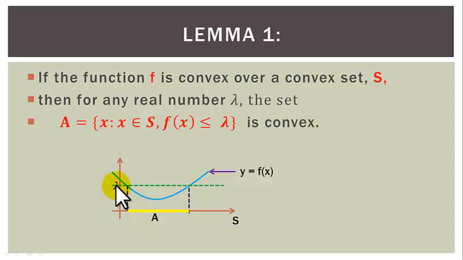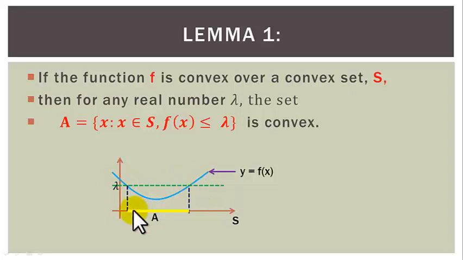So if we take this line to be the line f of x equal to lambda, then the set of all points on f below this line is from here down here. You can see that all the points on this curve are below this line.